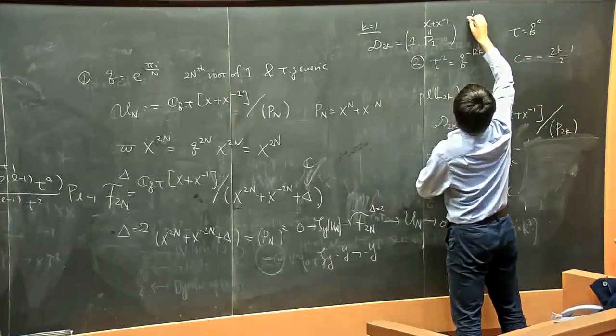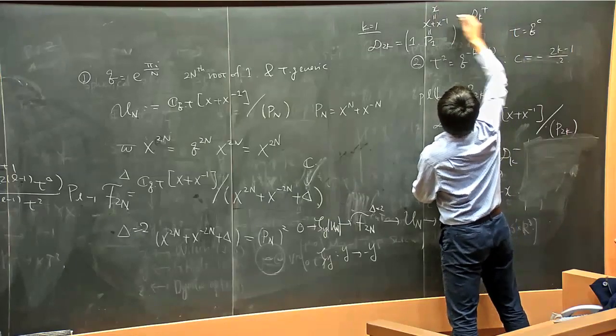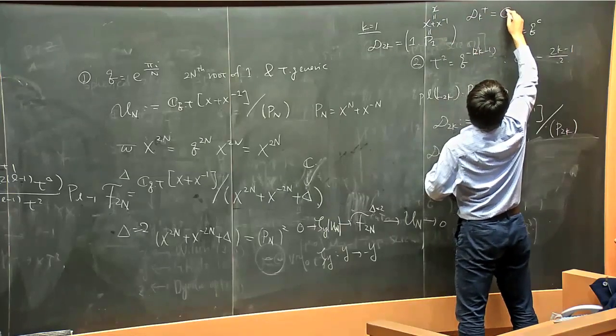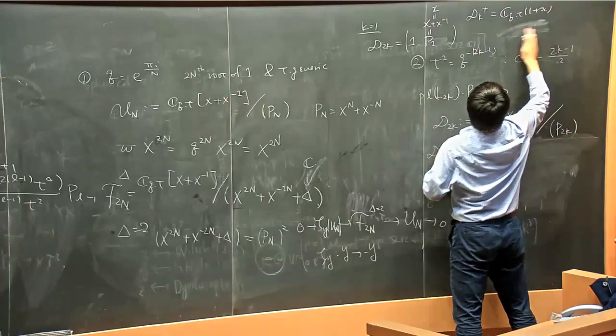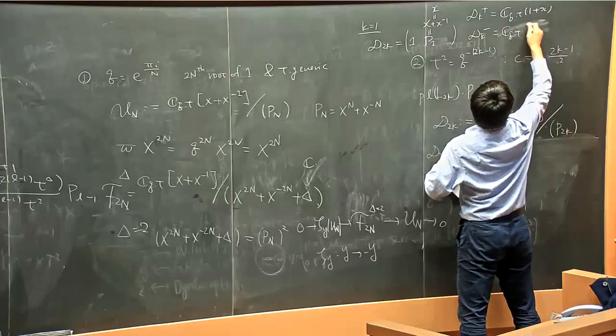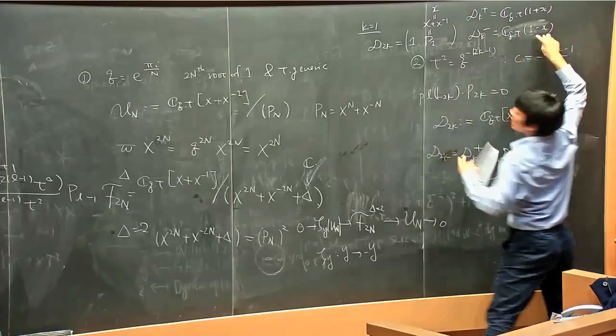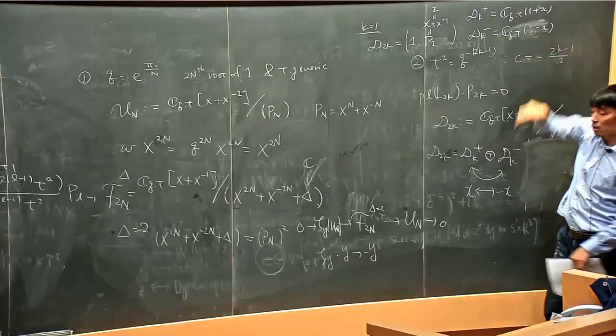So dk plus is, I call it small x. It is generated by 1 plus x, and dk minus is generated by 1 minus x. And they are related by the sign flip of x and minus x. Okay.